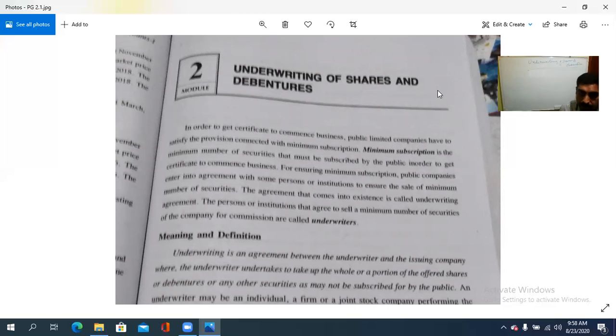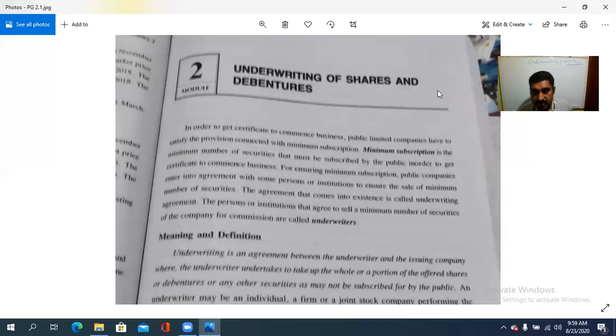For ensuring such a minimum subscription, public companies enter into an agreement with some persons or institutions to ensure the sale of the minimum number of securities.